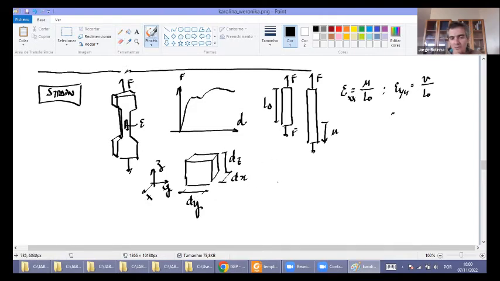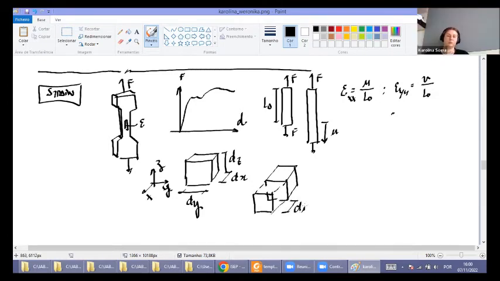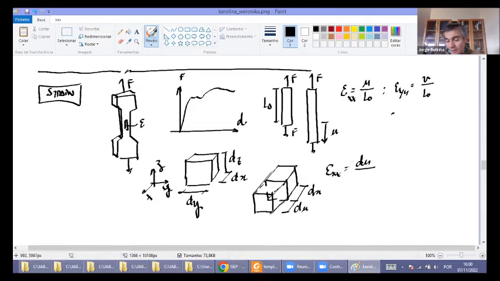You apply a force. So what happens? When you apply a force in the x direction, it stretches in this direction, correct? So you get a du. This is the initial size, and this is the final size. So your elongation in that direction is your extension, and your strain is the elongation divided by the initial size.